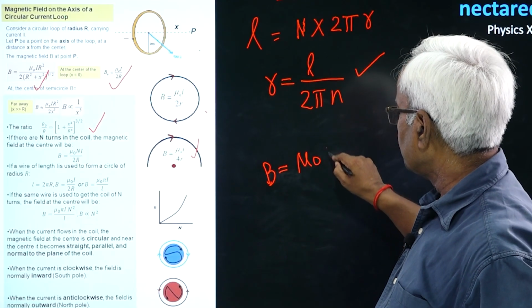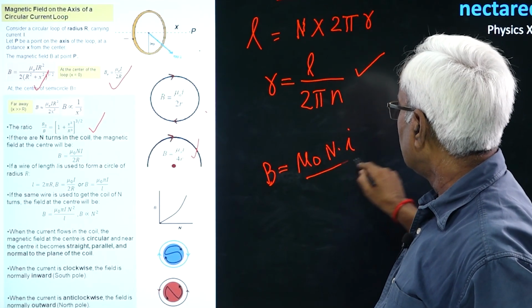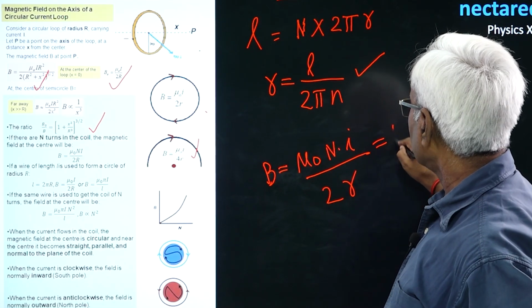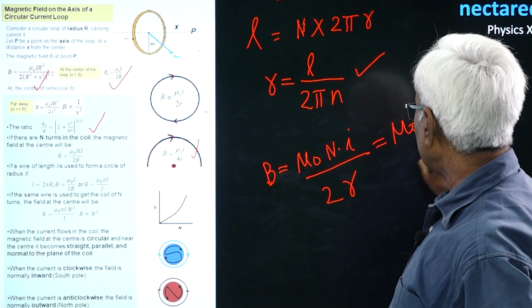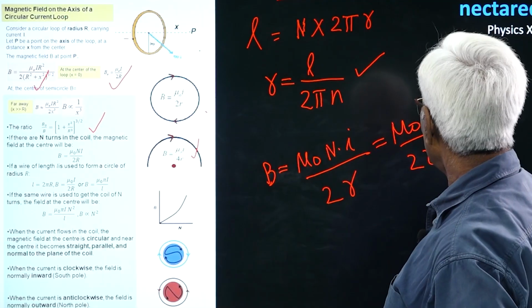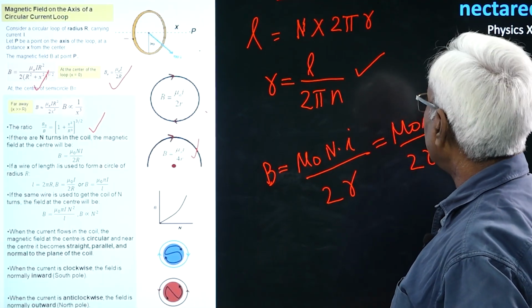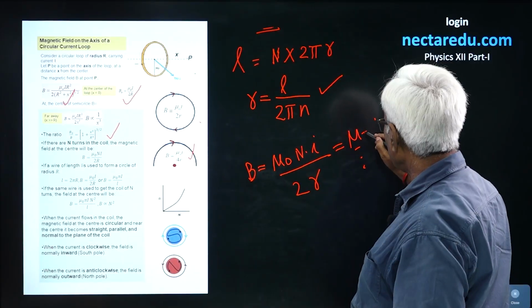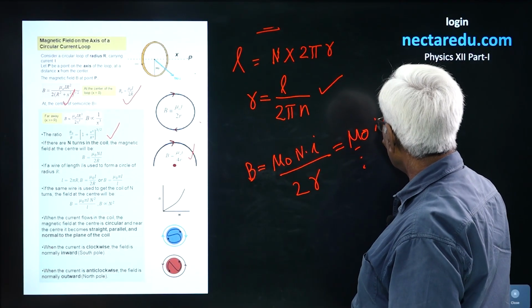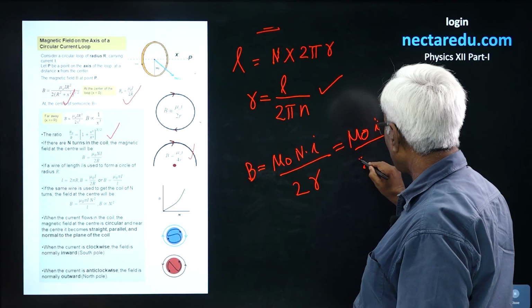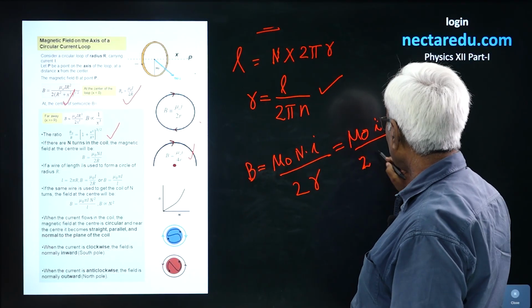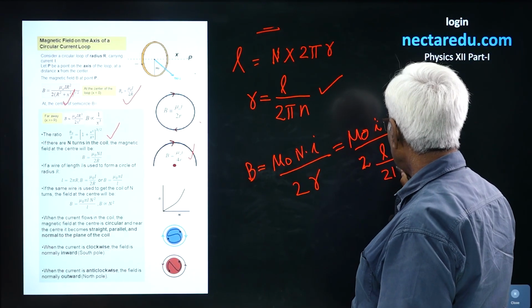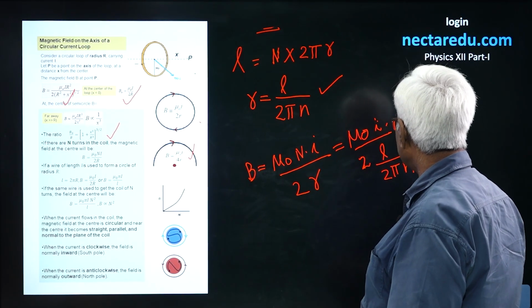and the relation you know for n turns is mu naught n I upon 2r. It's mu naught I n upon 2r, and in place of r we would write here L upon 2 pi n.